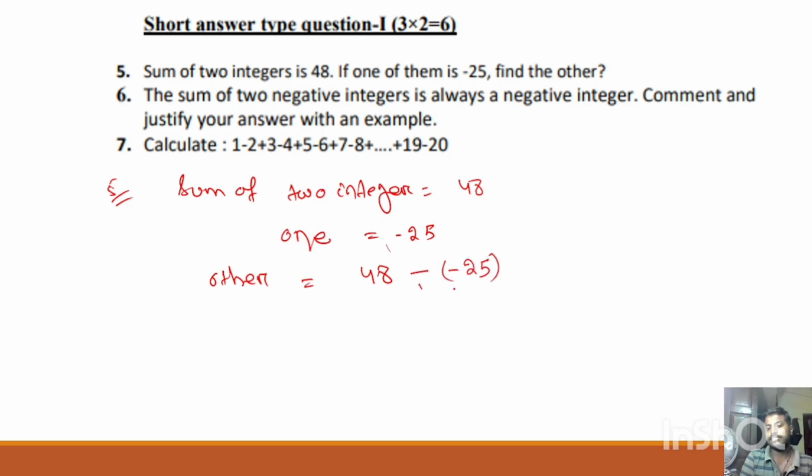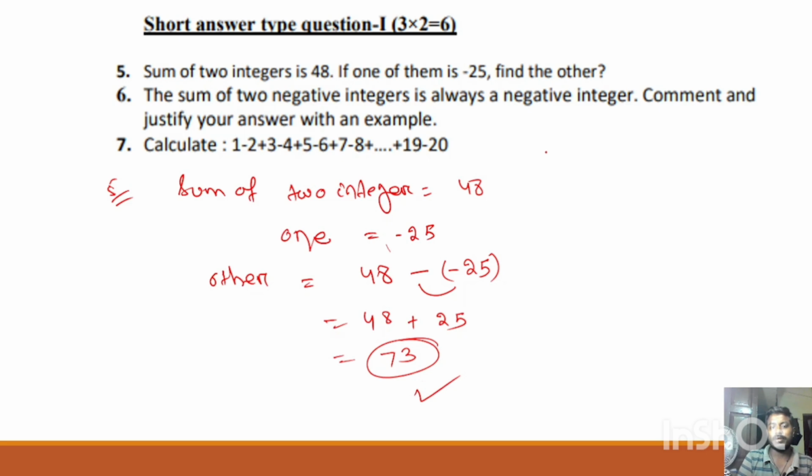So here is minus and minus sign, so converted it will be plus 25. Now add 8 plus 5, 13, 4, 2, 6, 1, 7. The answer is plus 73, and the other integer is plus 73.